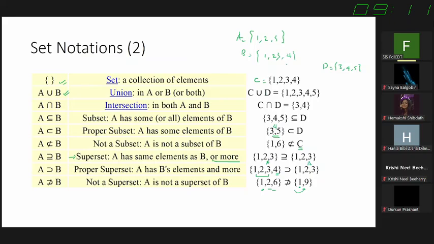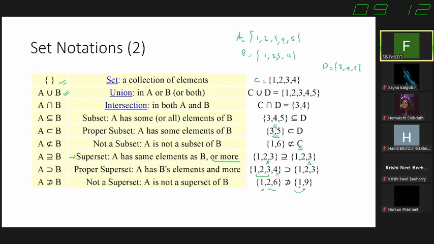Okay, thanks. Right. So A here in this case has the same elements of B or more, right? So if it has 1, 3, 4, the same elements in there, or more, then it is a superset. If it's a proper superset, A can have more elements like 5 and 6 here, right?